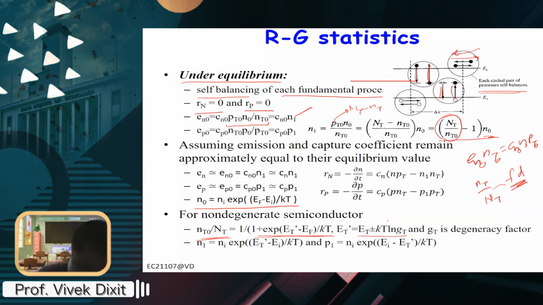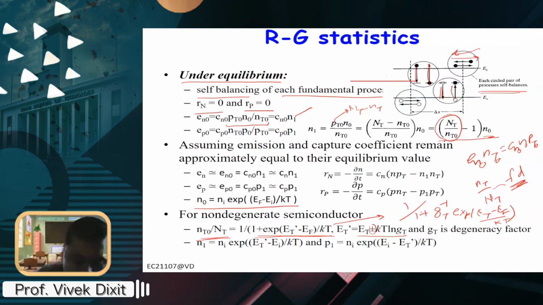So you can also write this expression as 1 over 1 plus GT exponential ET minus EF over KT, right? So because plus minus means it can be GT or it can be 1 by GT. So it can be 2, 4, 1 by 2, whatever.